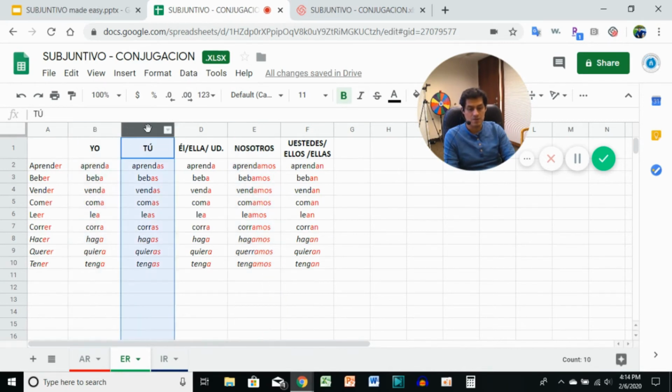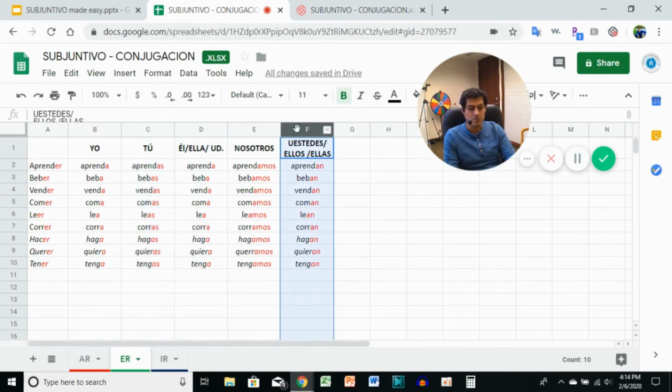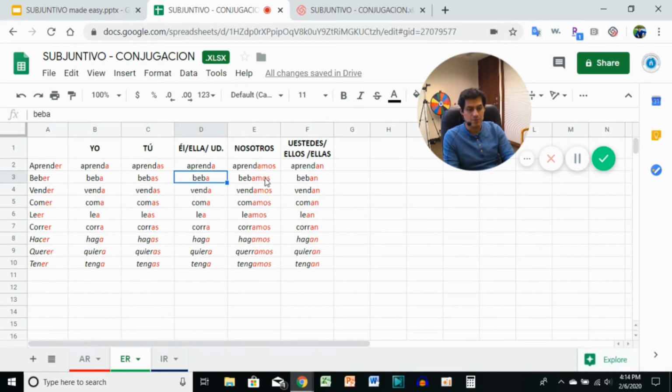Focus on tú, él, ella, and ustedes, ellos, ellas. Beber, yo beba, tú bebas, él, ella beba, nosotros bebamos, ustedes beban. Vender, yo venda, tú vendas, él, ella venda, nosotros vendamos, ustedes, ellos, ellas vendan.